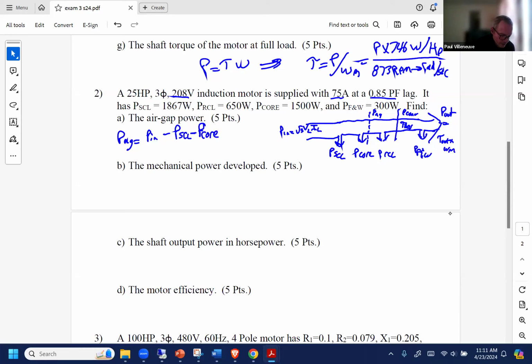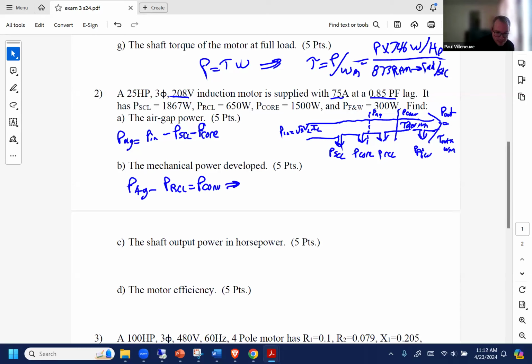Sorry, it's a little hard to read. So this is T developed times omega sub m. My mechanical power developed is determined by taking my air gap power and subtracting my rotor copper loss: P air gap minus P rotor copper loss is equal to P converted.